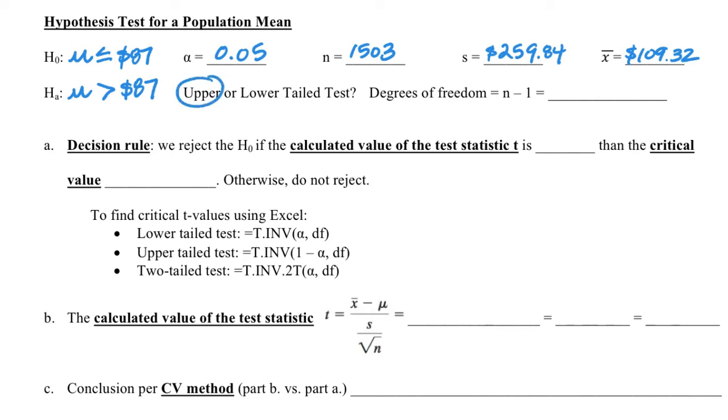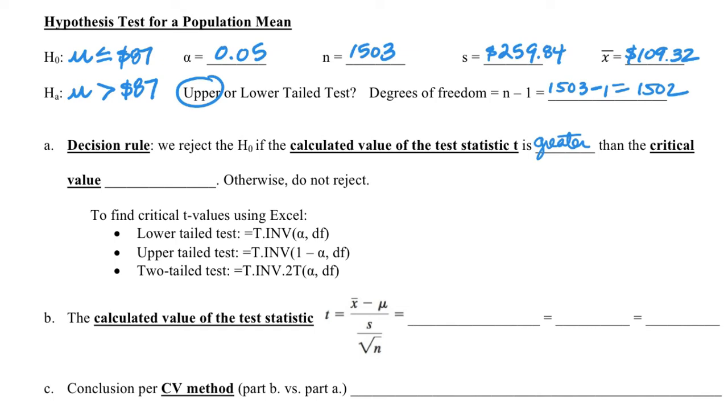With my alternative hypothesis, it's a greater than symbol, so I know I'm going to do a one-tailed upper tail test. And for my degrees of freedom, I'm going to take 1503 minus 1, and that gives me degrees of freedom of 1502. So I'll know then for my decision rule that we will reject the null if the calculated value of the test statistic is greater than the critical value.